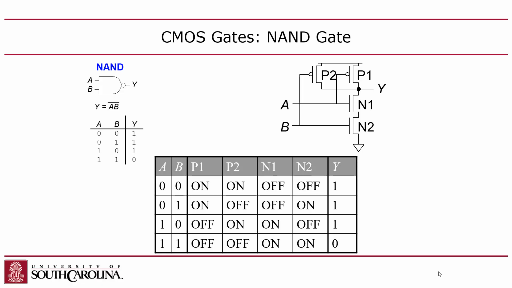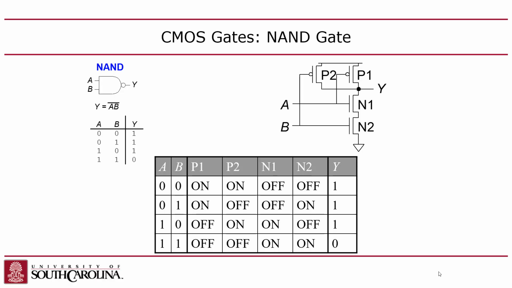Make sense? Because in order to pull up, I have to have at least one transistor on, and the only transistors in the pull-up are negative logic, so I have to have a 0 on at least one input for every row of the truth table that pulls up.